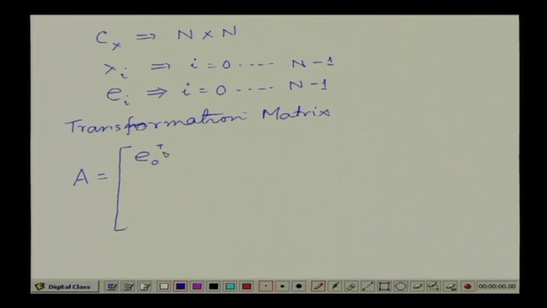So, we will write the matrix A, where the rows of this matrix A will be the eigenvectors of the covariance matrix C x.